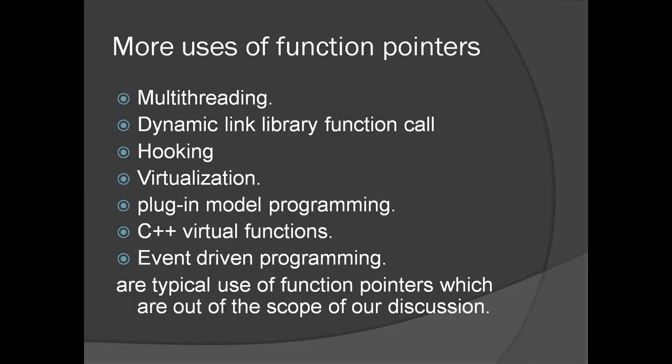As I mentioned, all these uses are revolving around the fact of callback, or letting you know something happened. Multi-threading. So when you create a thread, you give a function pointer from where the execution should begin. Dynamic link library, export a table of function pointers. Hooking, if some operating system or library is not providing enough functionality, you can hook that library and modify the behavior by changing the function pointer inside that library.